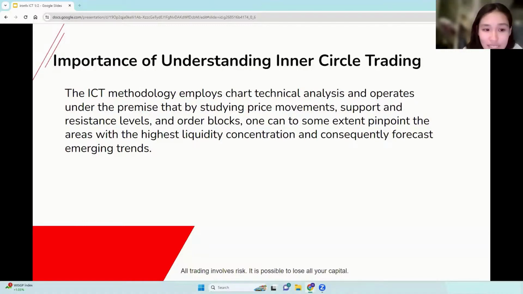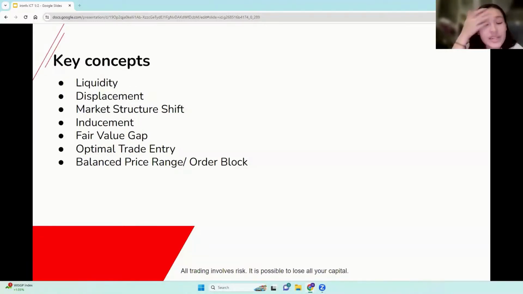It basically employs chart technical analysis and operates under the premise that by studying price movements, support and resistance levels, and order blocks, one can to some extent pinpoint the areas with the highest liquidity concentration and consequently forecast emerging trends. Okay, so let's get into some of the key concepts.